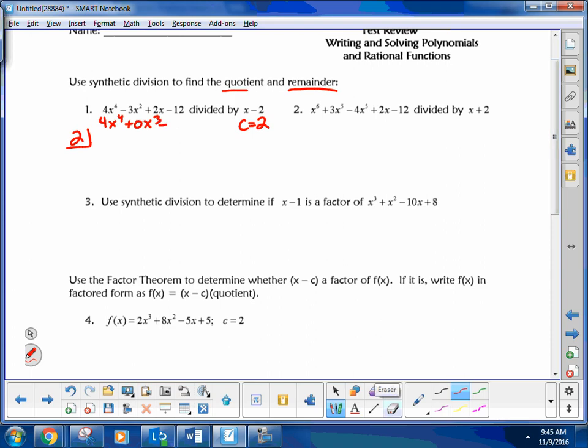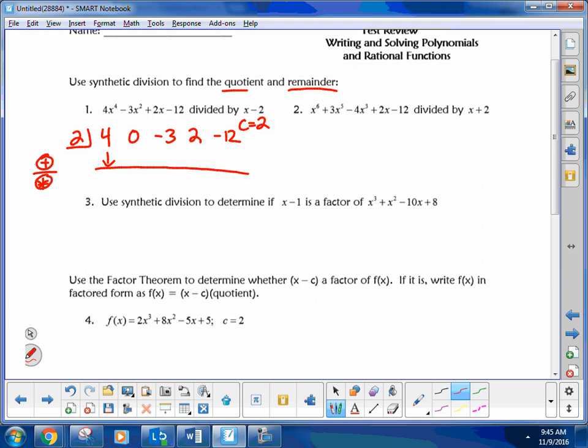When I write it in here, it's important for me to write down the 0 in place of the x cubed. So we'll have 4, 0, negative 3, 2, and then negative 12. Now let's begin our process of synthetically dividing. Remember, this is add column, multiply row.